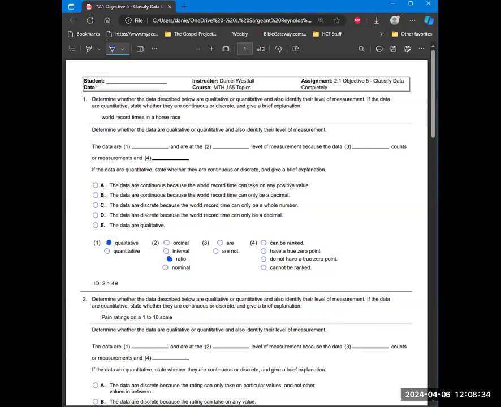Because the data are counts, are measures, and have a true 0 point.